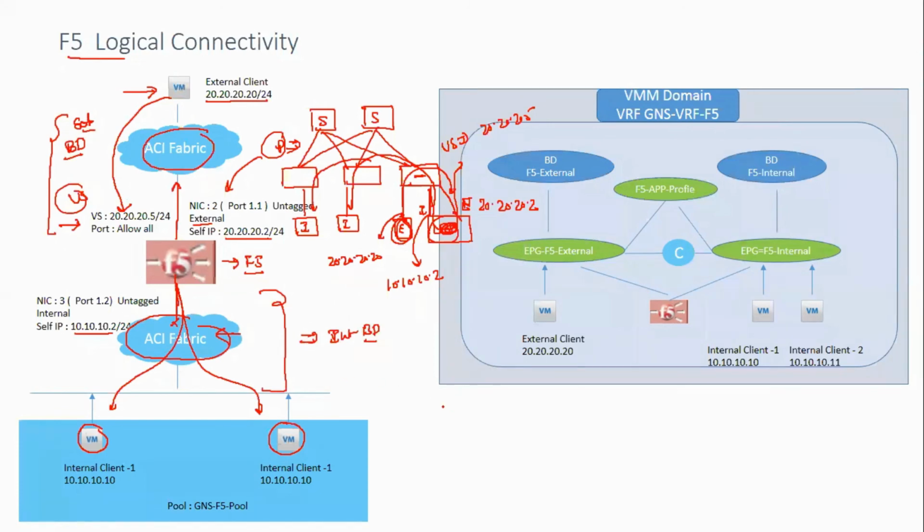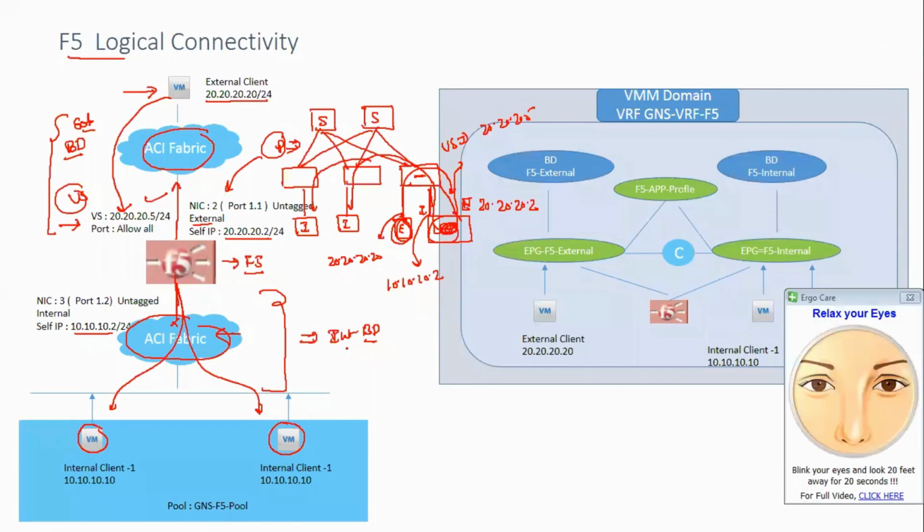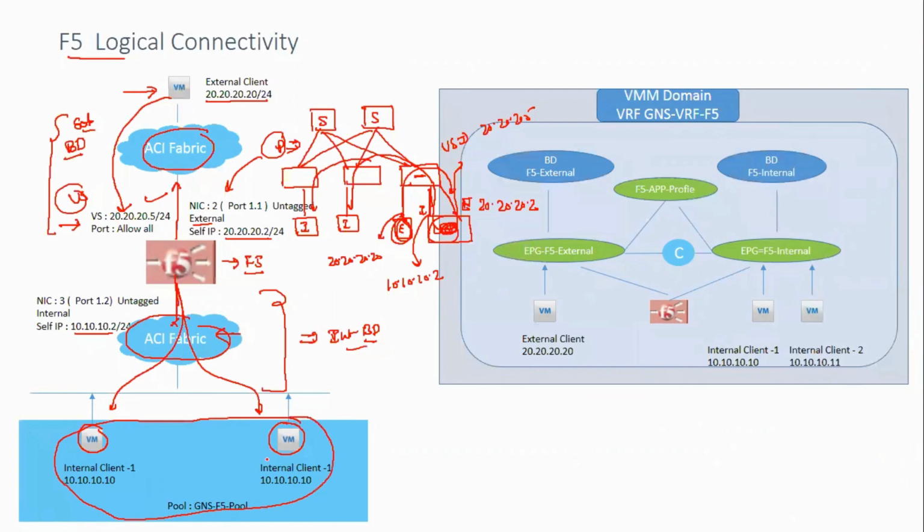So you have to configure two bridge domains. One will be the external bridge domain and another will be the internal bridge domain. On the two bridge domains, you will configure a gateway. Now, second thing, you have to configure an EPG, and in the EPG, you have to put these two servers, right?